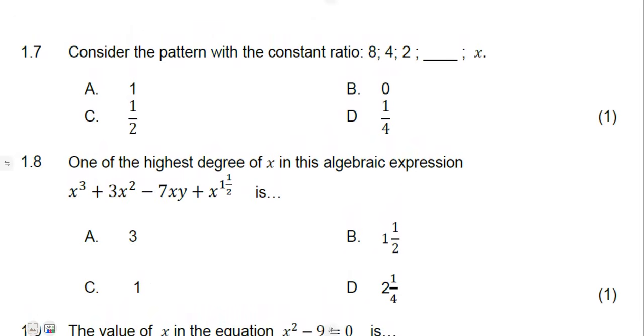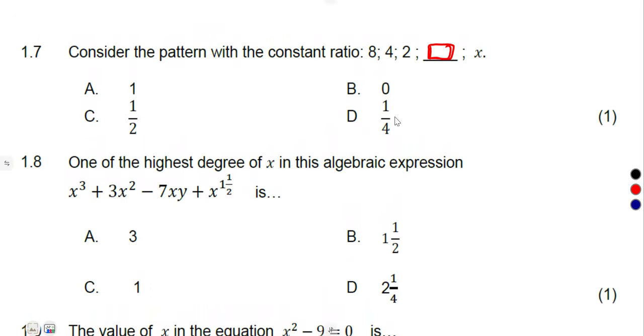Consider the pattern that we are given here with the constant ratio. They are saying there is a constant ratio. There's no question here, but maybe it is to find the next term, because that is the only space that we have. Or are we going to find the ratio?